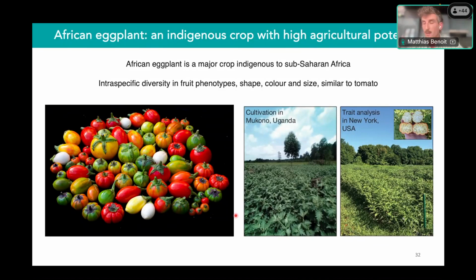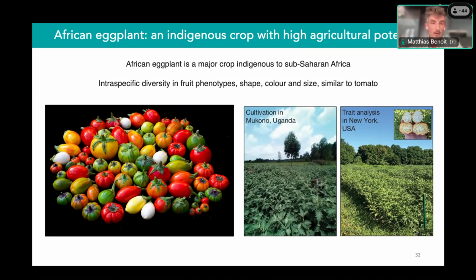Solanum ethiopicum, African eggplant, can be grown agriculturally either for its fruit, where you can appreciate the really wide diversity in phenotypes here, but also for its leaves, because you can consume African eggplant leaves, and there are also some specific accessions that are used as ornamental ones, right? So African eggplant really embodies, in some ways, all the potential that indigenous crops can have in the context of agricultural diversification.